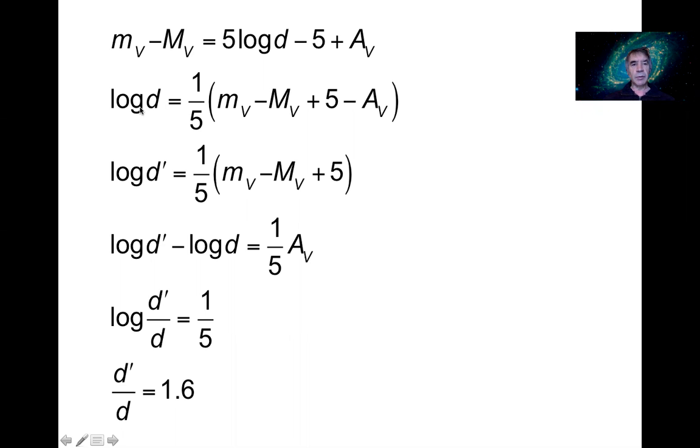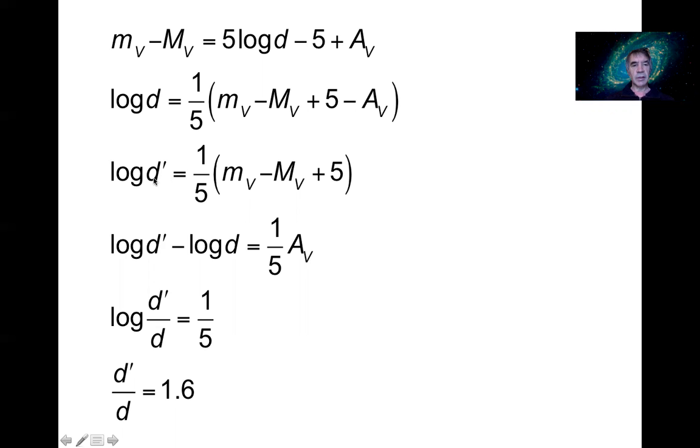So let's do it in log D since we're only after the factor. If you make that the subject, then you get this equation. This is what you should use if you're considering the dust extinction. And obviously if you're ignoring the dust extinction, then this is the equation you would have. The difference between the two is the sort of error you're going to get on the distance.